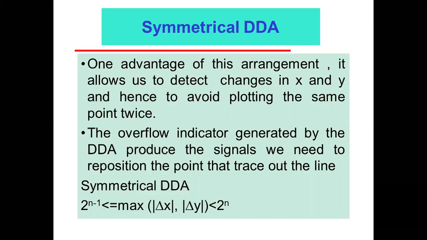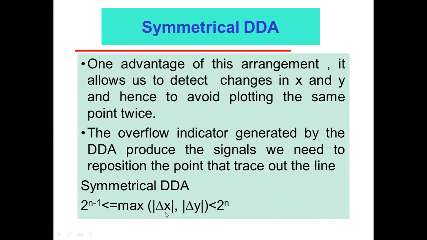Now, mod delta x, if you get a negative value, mod will give you the positive value. Suppose here mod delta x is equal to 6 and mod delta y is equal to 9. Now it is saying the maximum of delta x and delta y.